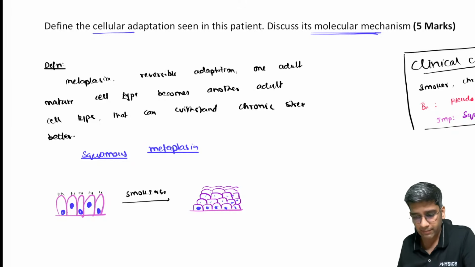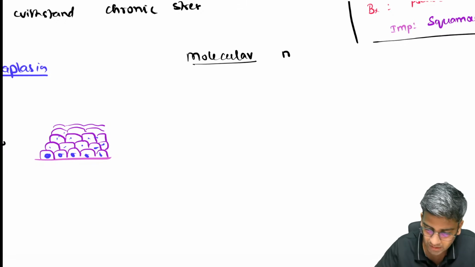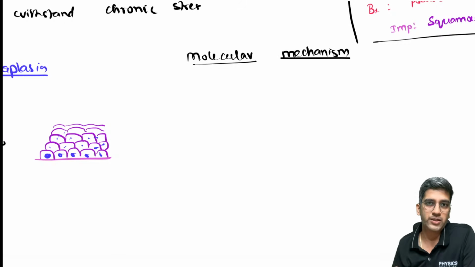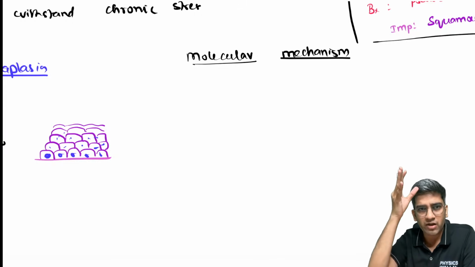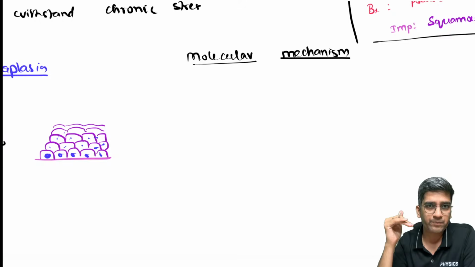But the same thing is going to happen here as well, right? So when I come to the molecular mechanism or any mechanism for that matter, every mechanism will have a step-by-step approach. It's always better if you draw a flowchart. Be it the apoptosis mechanism, a flowchart is always better compared to point-by-point writing, right?